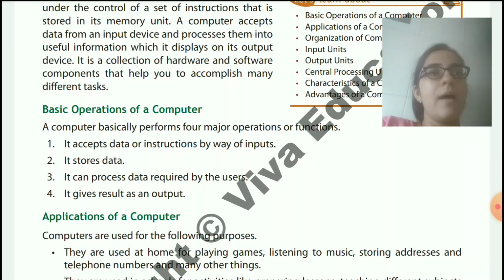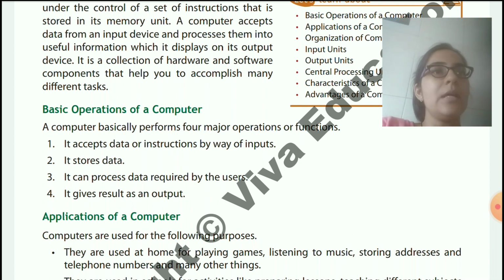Now, the basic operations of a computer. A computer basically performs 4 major operations or functions. The first one: it accepts data or instructions by way of inputs. In short, the user writes using the keyboard or searches using the mouse for the data or instructions he wants. Those are called the inputs. It stores the data. Where does the computer store the data?